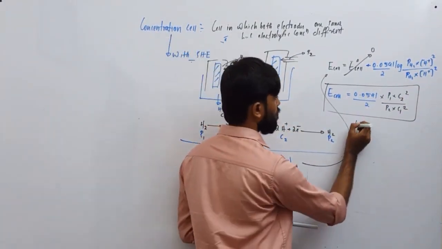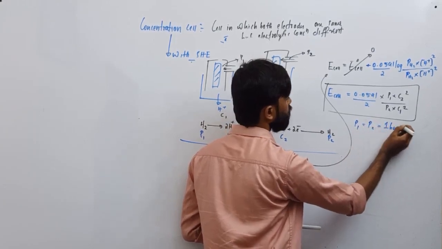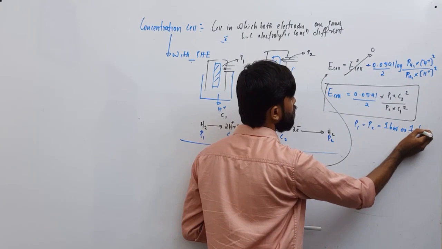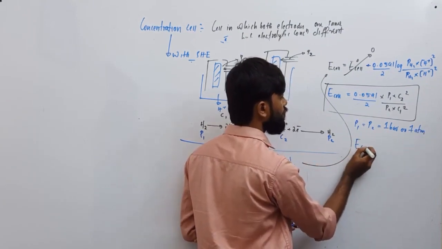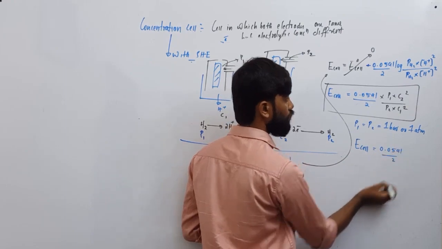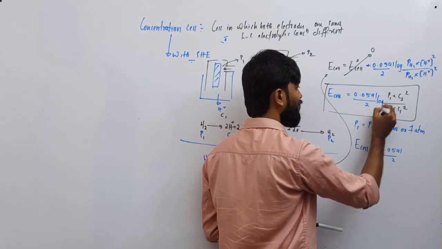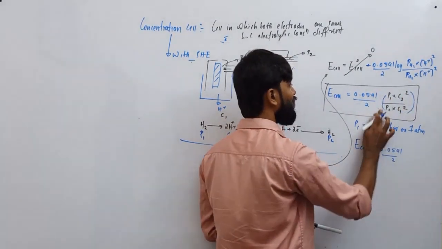If P1 equals P2, which is equal to 1 bar or 1 atm, as given in the question condition, then the expression will be E cell is equal to 0.0591 by 2 log. Where is the log? Here is the log, right? I'm sorry.